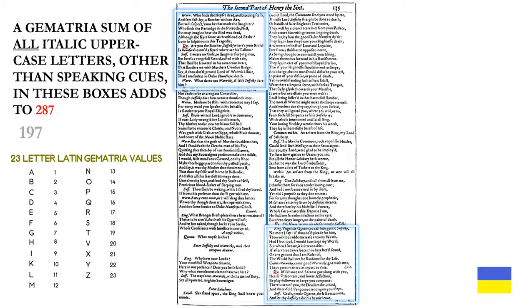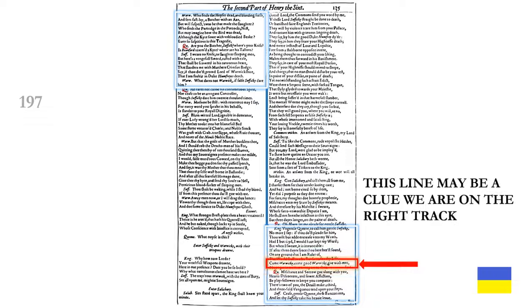A gematria sum of all uppercase letters other than speaking cues in these boxes adds to 287. 2 plus 8 is 10, plus 7 is 17. This line from the right-hand column may be a clue we are on the right track. Why repeat "come Warwick" twice? If it's not to be a clue, we are to add things.